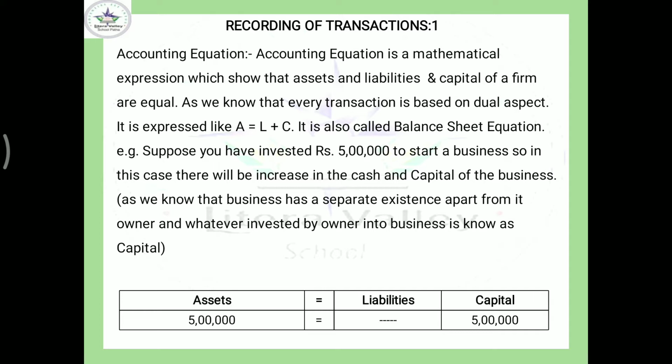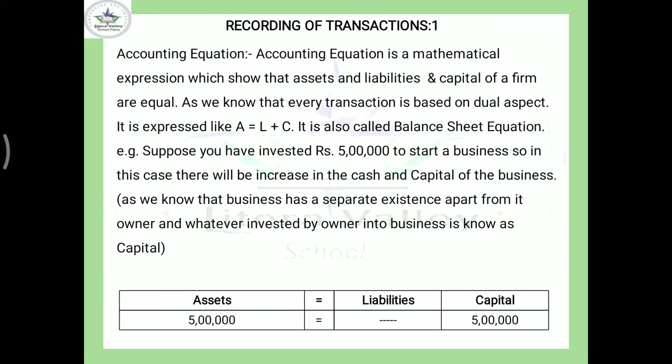Suppose you have started a business and you have invested rupees 5 lakh as capital into the business. If you remember the very first concept of accounting, the business entity concept, what was explained there?